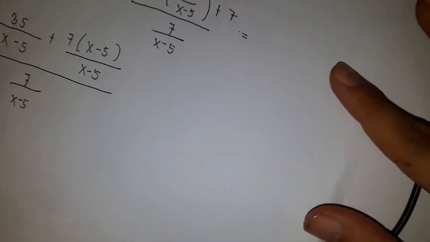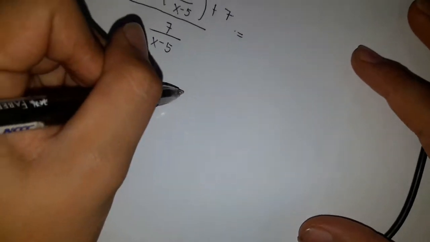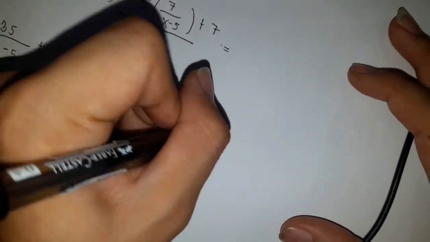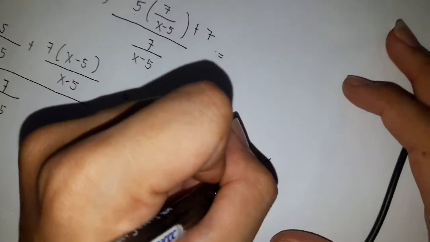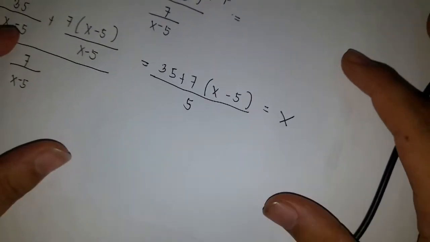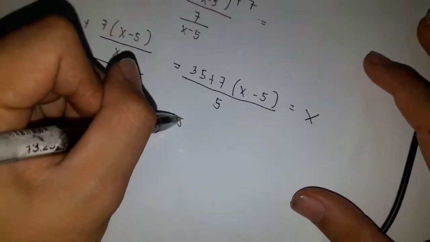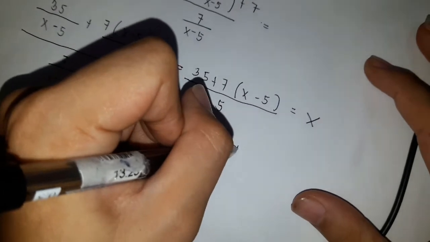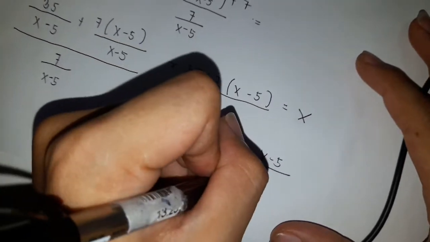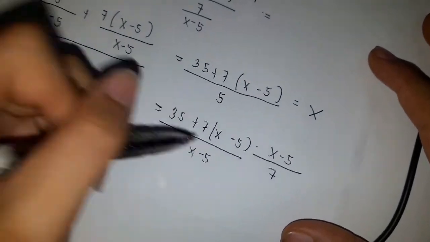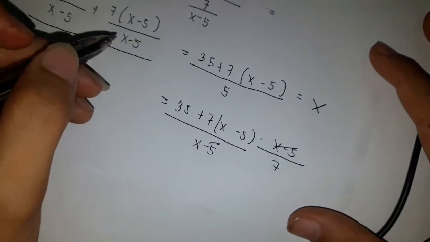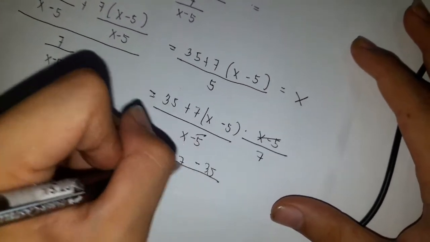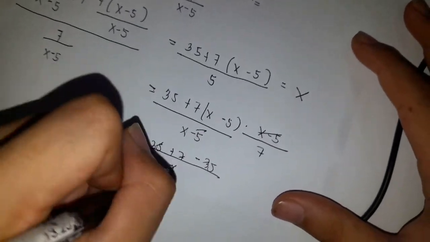So the result here is 35 plus 7 times x minus 5, which is 7 x minus 35 over 7. With the same denominator, we cross out, and it equals x.